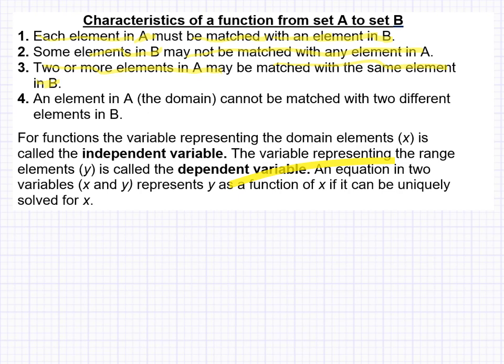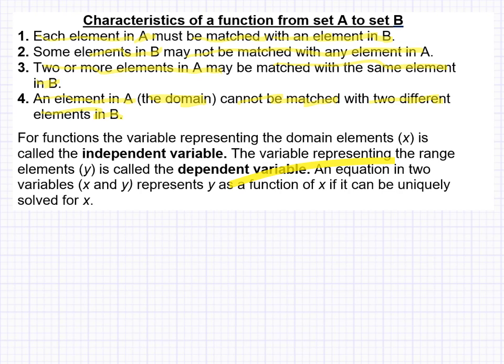An element in A, which remember is the domain, cannot be matched to two different elements in B. I should say two or more elements in B. Okay? So these were the examples that I was just giving of things that were either happening or not that were making us follow the definition of a function or not.